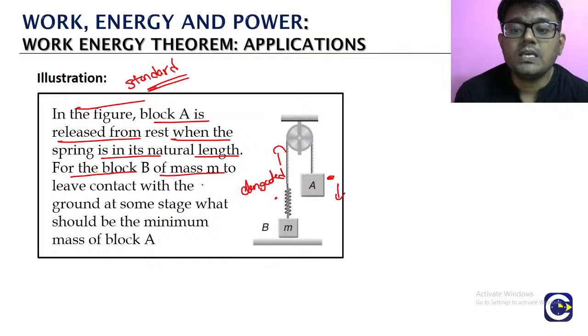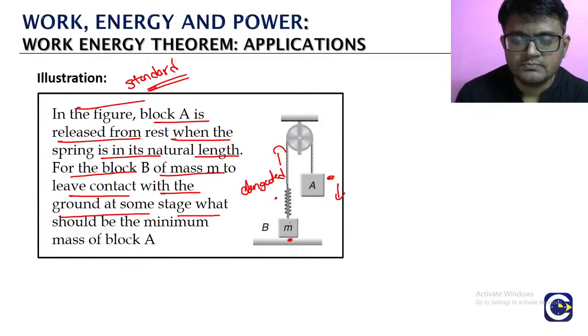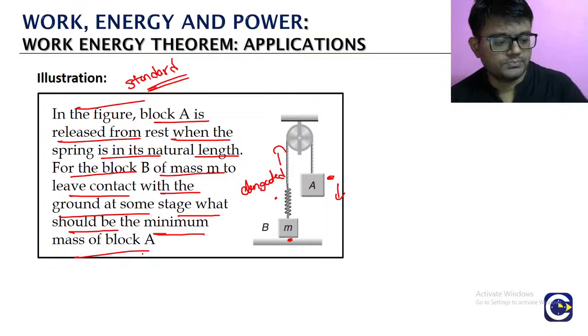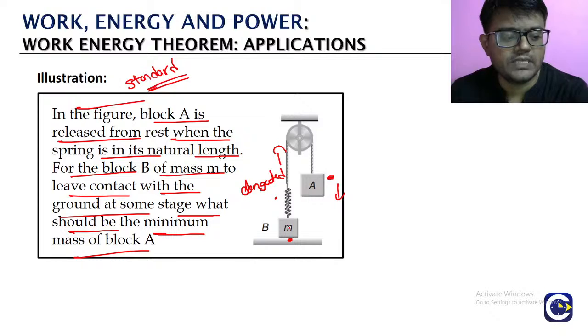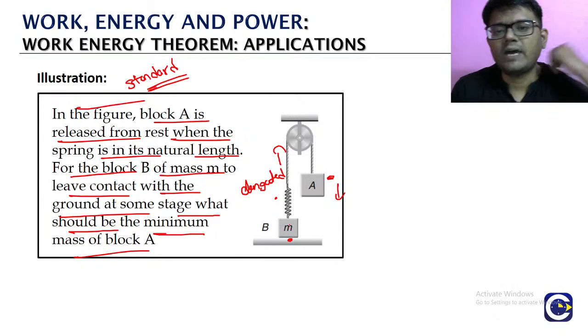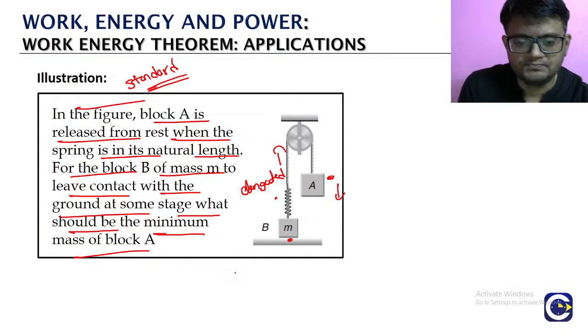Now look at what they're asking. For the block B of mass m to leave contact with the ground at some stage, what should be the minimum mass of the block A? Why will block B leave the contact with the ground?